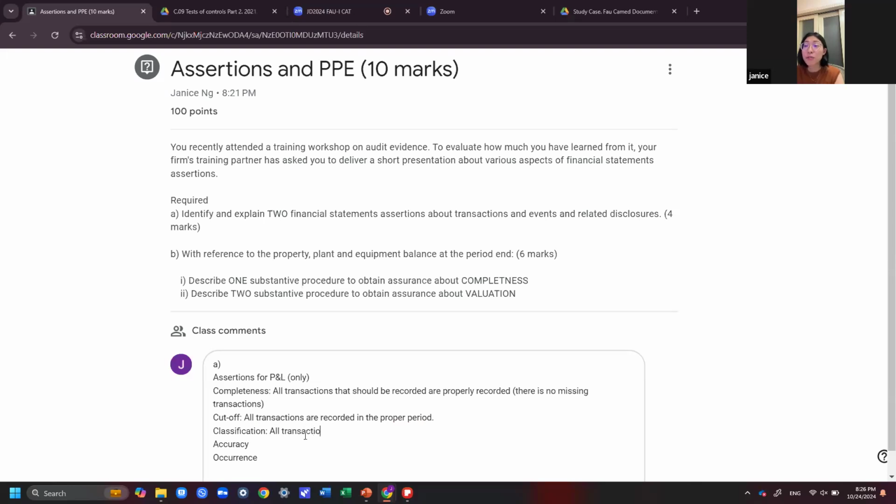And you need to practice. You not only need to do this for P&L, but also for account balances, right? Classification is all transactions are recorded in the correct account. And accuracy is all transactions are recorded in the correct amount.